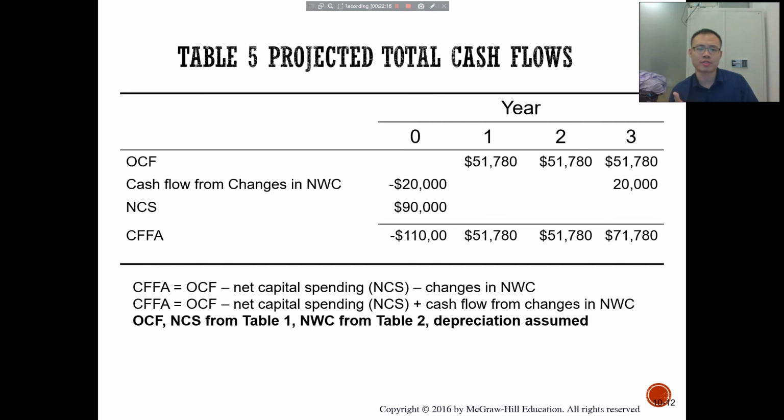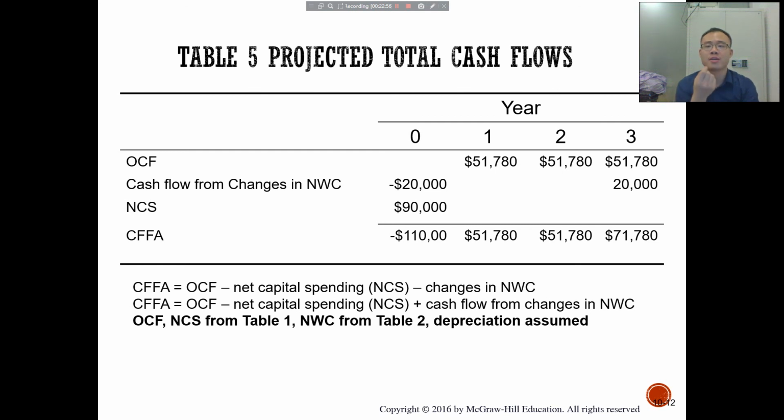Think about the example of selling women's clothes. At the beginning of this project, before everything starts, you spend $20,000 to purchase a bunch of women's clothes. So your net working capital is going up, and your cash flow is going down. So you spend this money. And at the end of the project, assuming that the project lasts for 3 years, the cash flow from changes in NWC is $20,000.